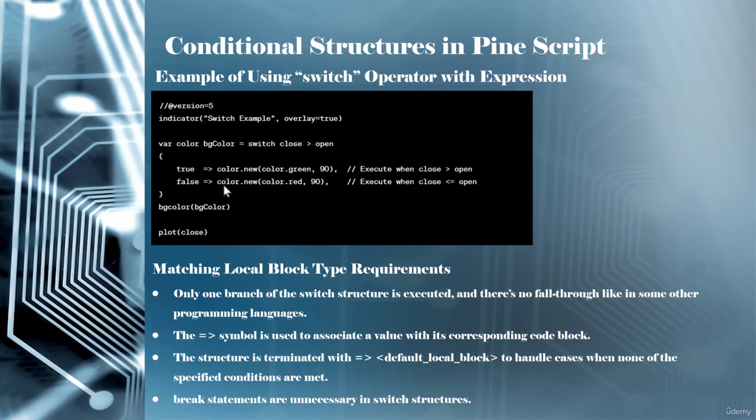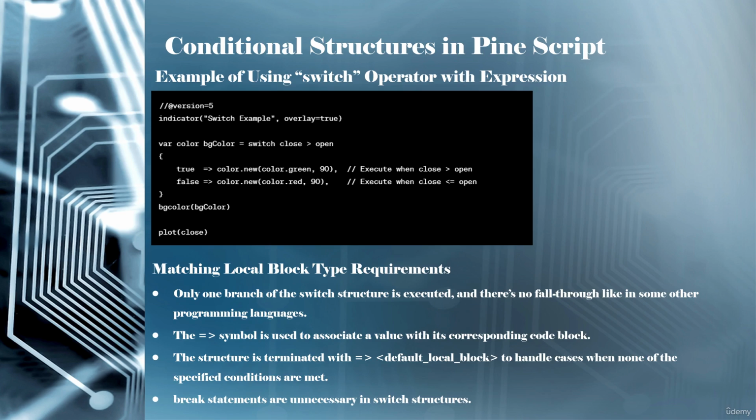What it means is that you use a structure such as switch in this case, and you use it in a way so the return of this structure will be assigned to a certain variable. In this case, each return value of this structure must be the same type. Like in this case, it's a color, right? For example, if one of those returning values does not match the expected color type, you will get a compiler error.